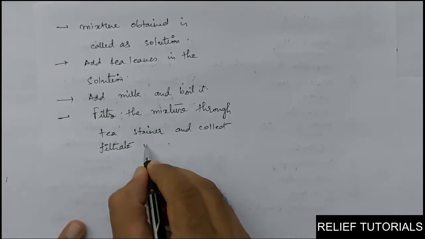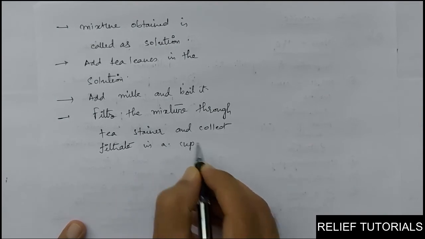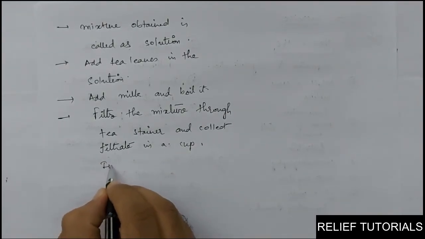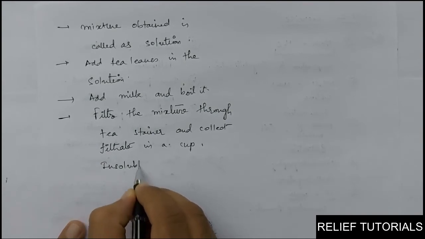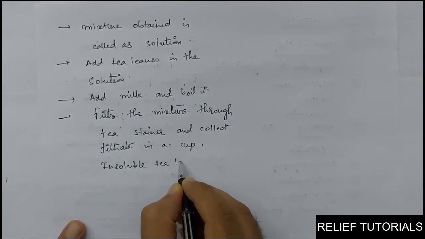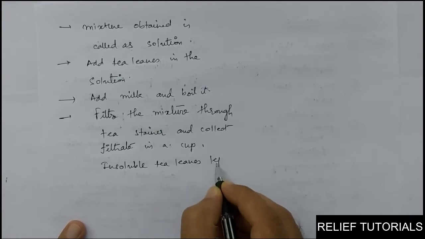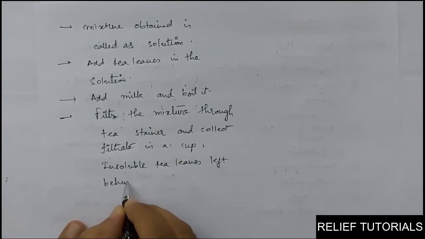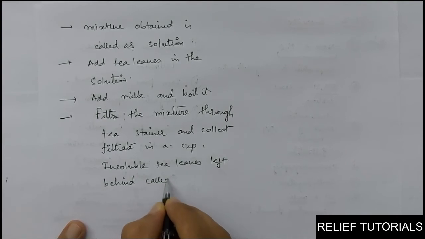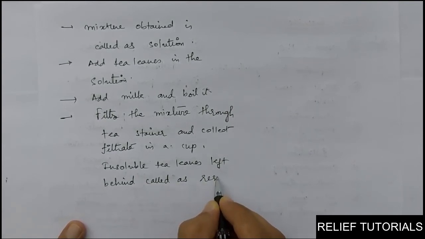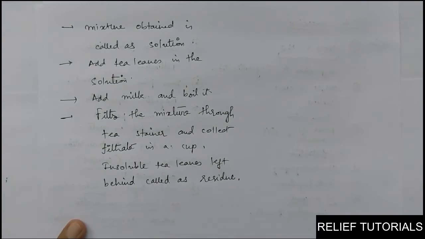Collect the filtrate in a cup, and the insoluble tea leaves left behind are called the residue. So we have tried to use each and every word given in the question. Okay, this was question number 2.